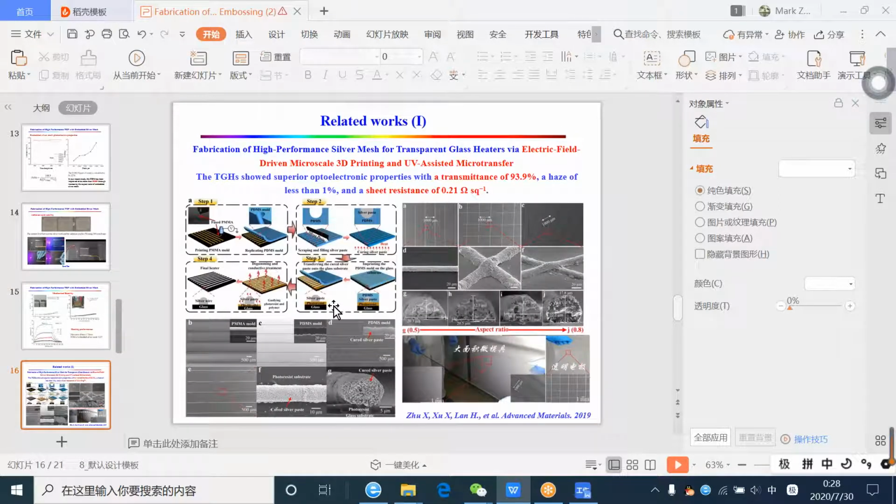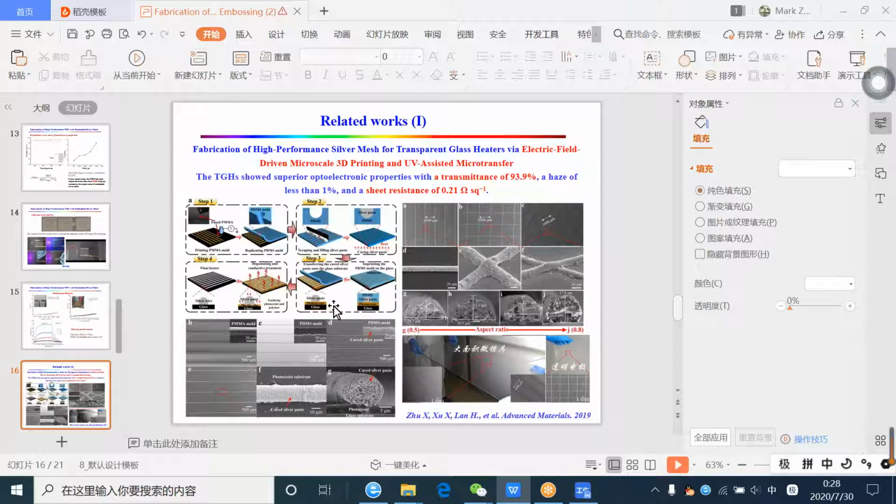This part is some related work of ours. First is the fabrication of high-performance silver mesh for transparent glass heaters, where electric field-driven microscale 3D printing and UV-assisted microtransfer technology are used.